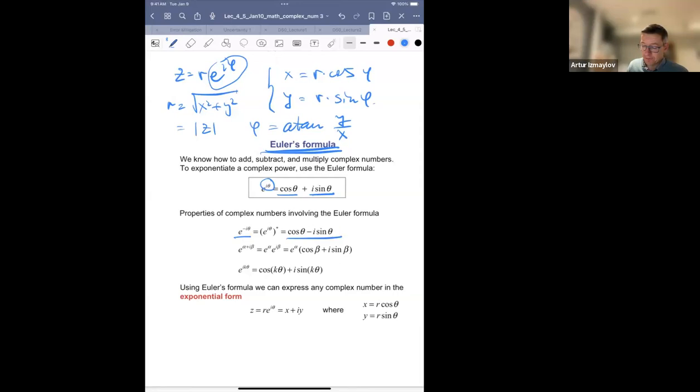You could also treat more complex expressions with real and imaginary parts. So all that is relatively straightforward. But if you have any questions, let me know.